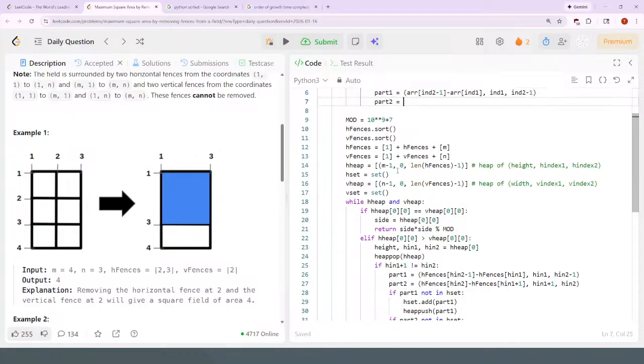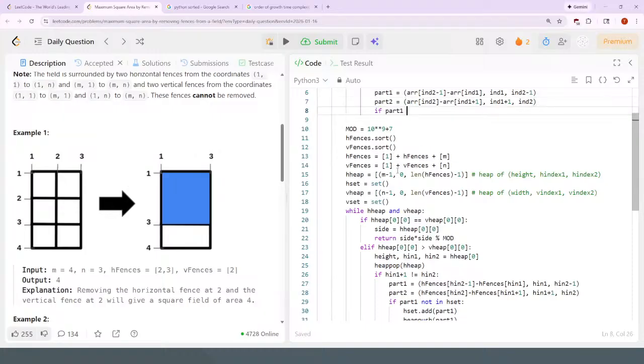Part 2 is equal to array at index 2 minus array at index 1, index 1 minus array at index 1 plus 1, index 1 plus 1, index 2.